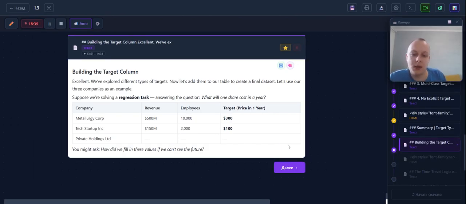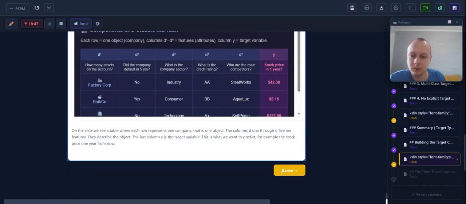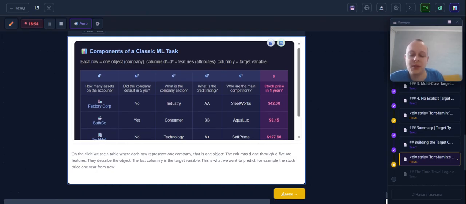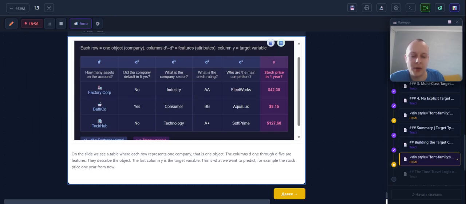And let's look at how we can fill our target column. On the slide we see a table, and each row represents one company, one object, and the columns describe the object. The last column is the target.